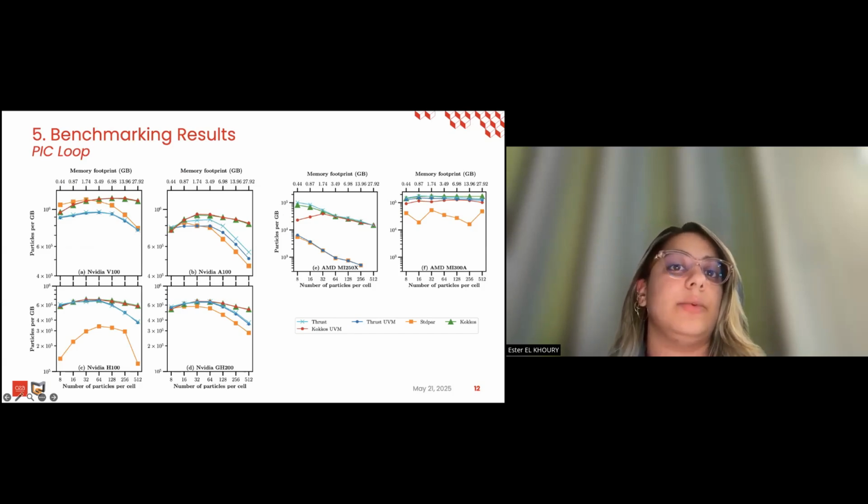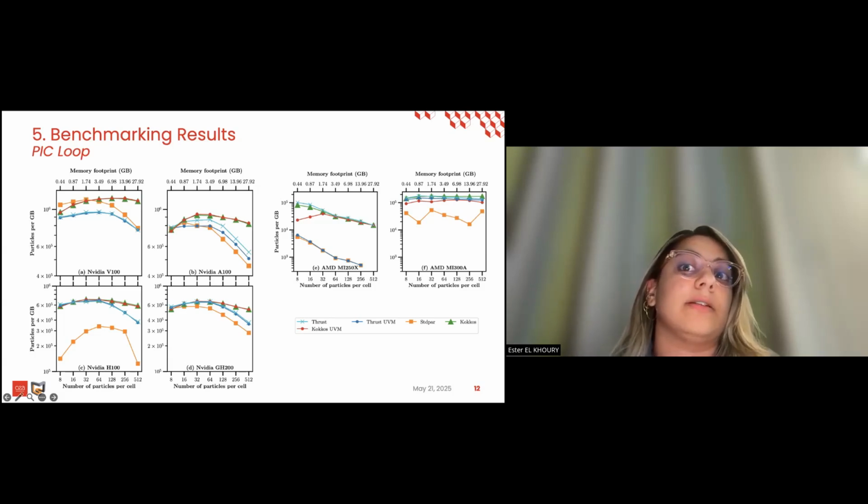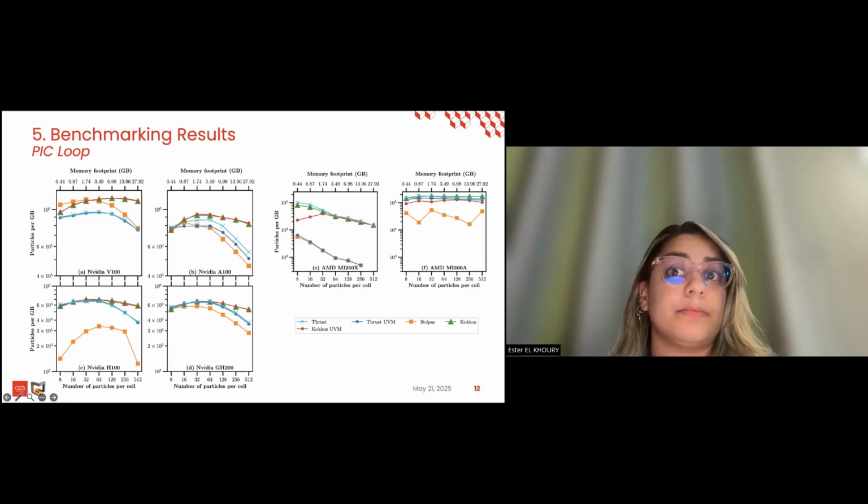The analysis reveals that the performance of the kernels was limited by the memory bandwidth, indicating that our kernels are memory bound. To ensure fair comparison across different GPU architectures, we evaluate performance using a normalized metric: the number of particles processed per gigabyte of memory, calculated as the number of particles computed per second, divided by the memory bandwidth.